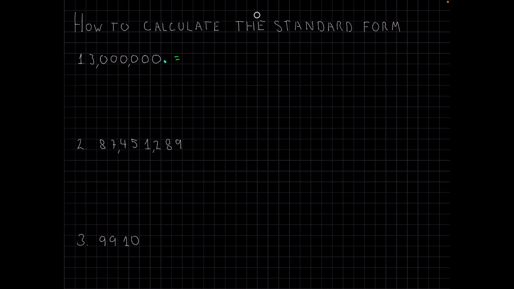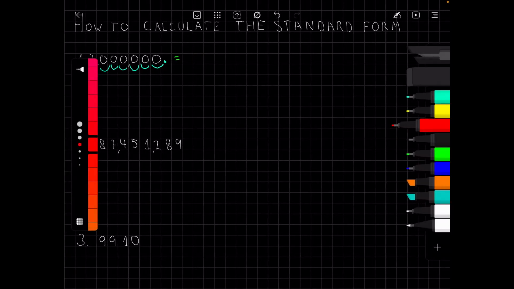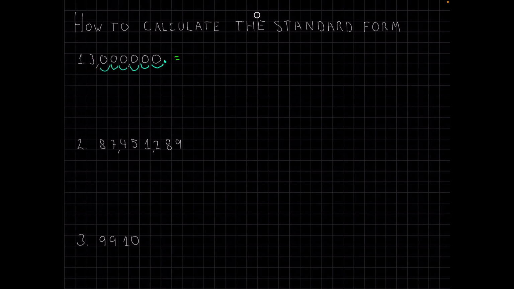Now we can work out how many zeros there are: 1, 2, 3, 4, 5, 6 zeros.